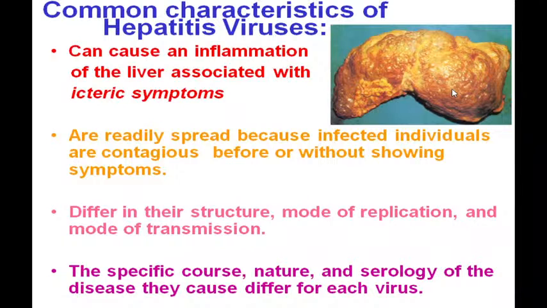That's why they have different design of the nucleic acid, different structure, different chemical compositions, and modes of replication, and we may also divide them according to the mode of transmission. Because all this is different, the specific cause, nature, and serology of the disease differ.